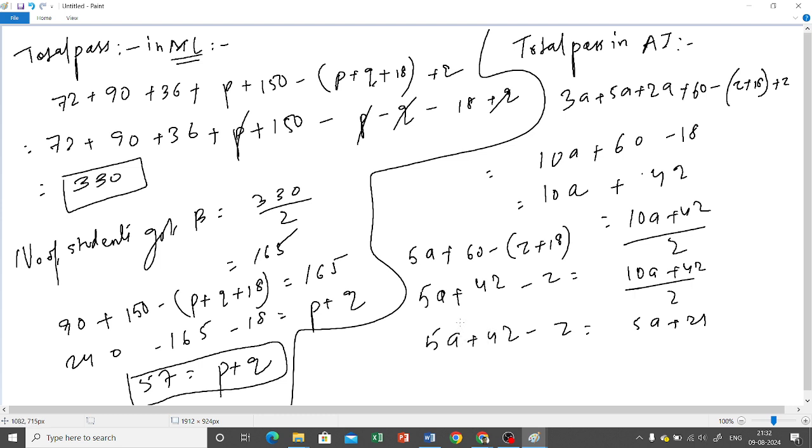Okay, so 5a and 5a got cancelled out, and we got z as a beautiful 63, right? We got a value over here, 63.